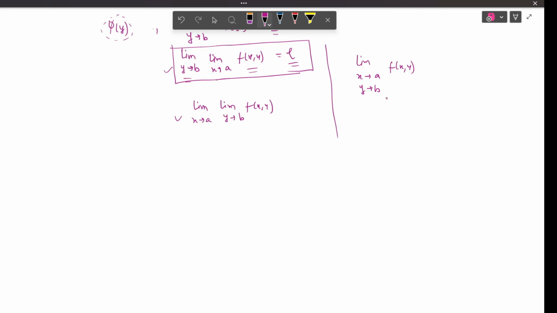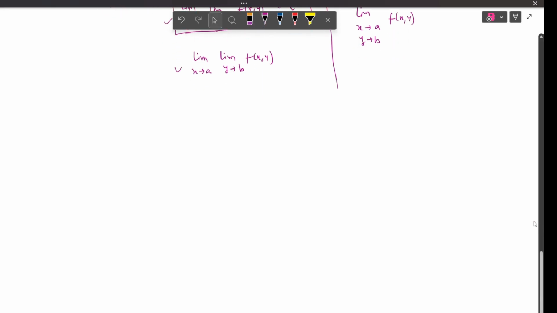Even it may happen that the two repeated limits exist and become equal, but the equal value is not the limit x tends to a, y tends to b, f of xy. So let us see one theorem regarding this.